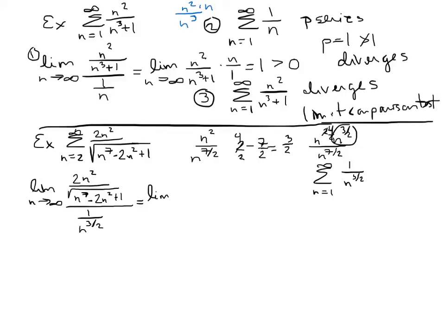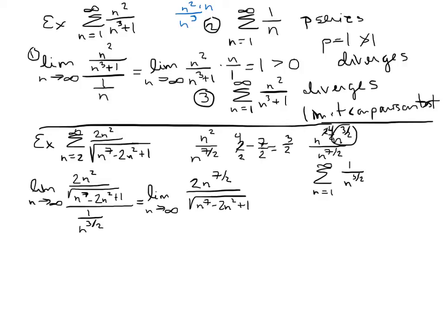This is the limit as n approaches infinity. Now, we checked to see that n squared times n to the 3/2 was n to the 7/2. So when I flip and multiply here, I'd get 2n to the 7/2 divided by the square root of n to the 7th minus 2n squared plus 1.